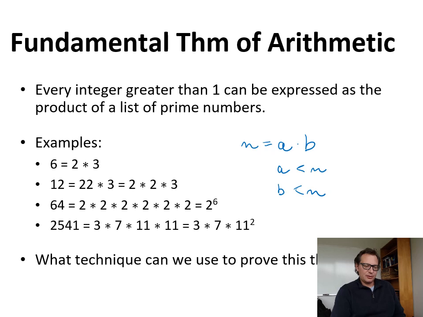And then from our hypothesis, we assume that all integers up to n can be expressed as products of primes, which means that both a and b can be expressed as products of primes. And then when you put this together, because n is equal to a times b, that also means that n can be expressed as a product of primes.